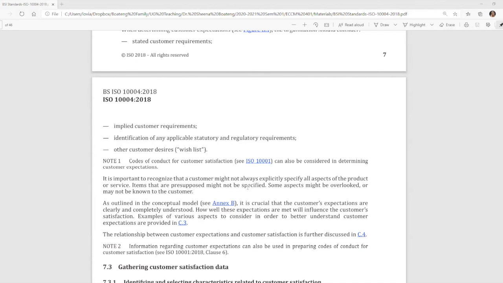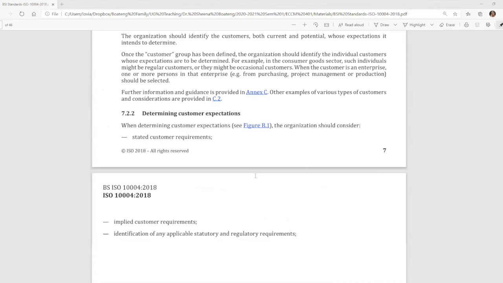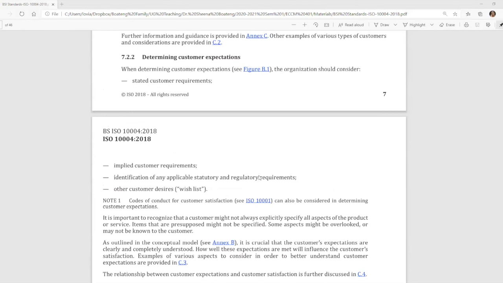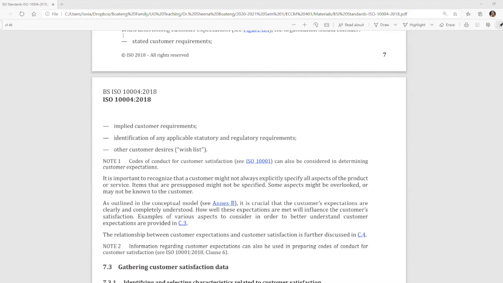So, like we said, determining the customer expectations is very important because this is what will help you determine what they require of you as a service provider or as a manufacturer of a particular product or service, right? And once you know what they require of you, you can use it to develop your ISO 10001:2018 standard, which is, which one did we say that is?